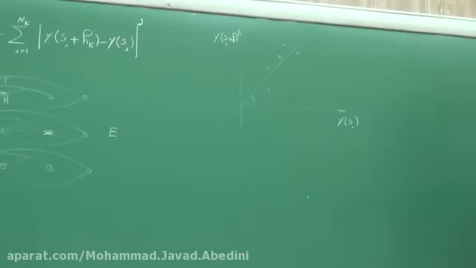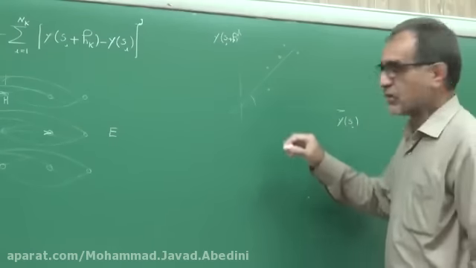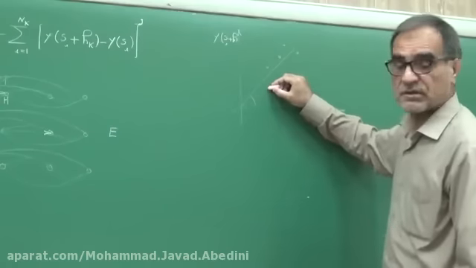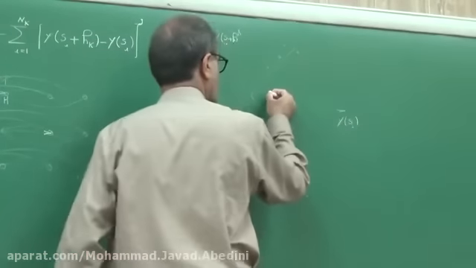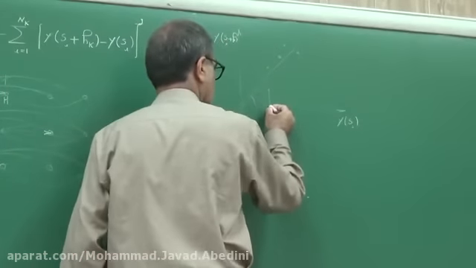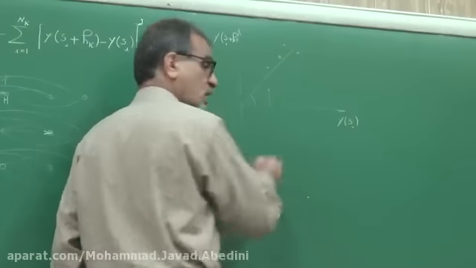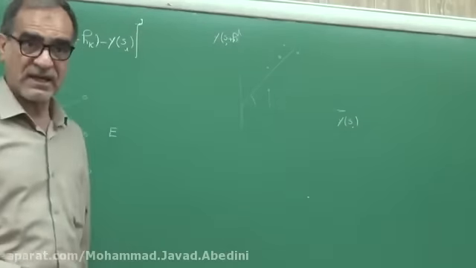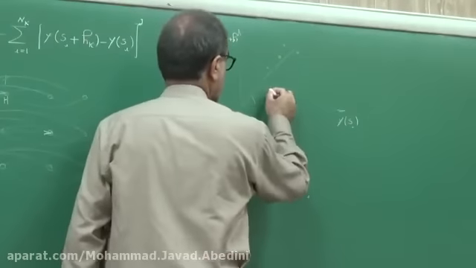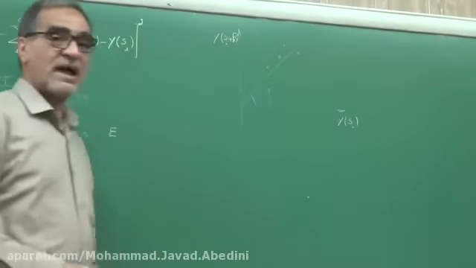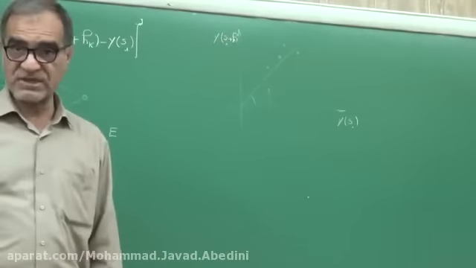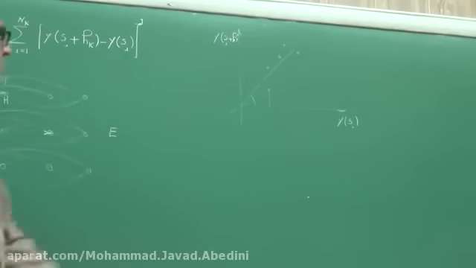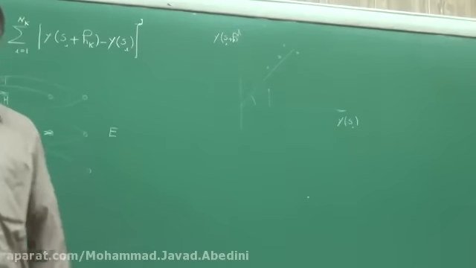What does that mean? If you take a typical data point such as this point, from here to here is y at si, and from here to here is y at si plus h. Repeat this for other data points here.